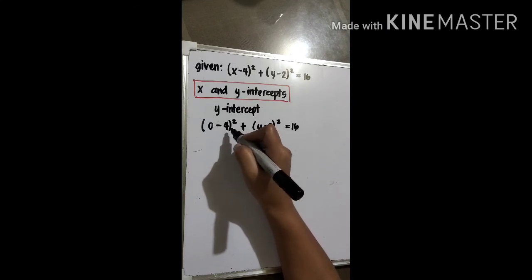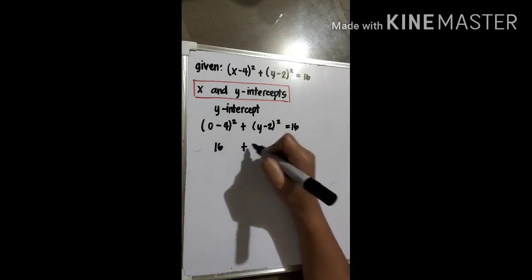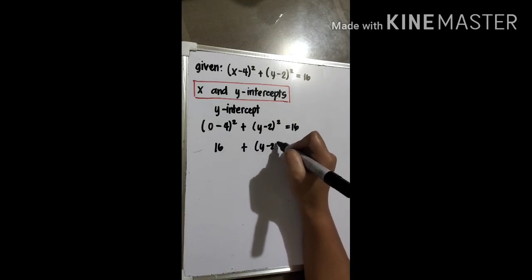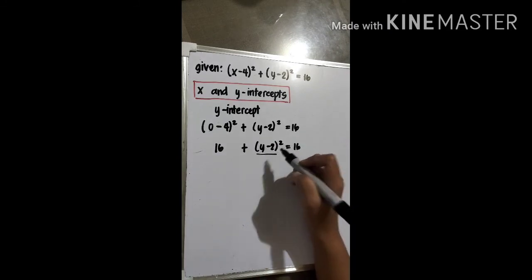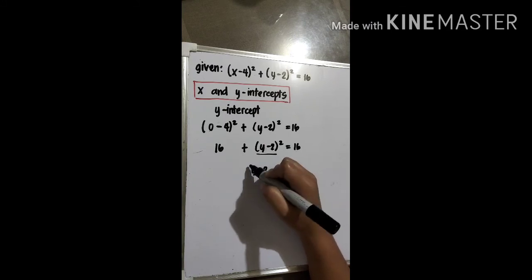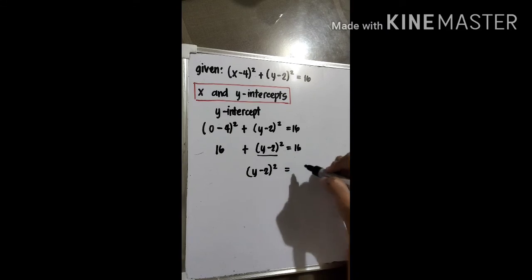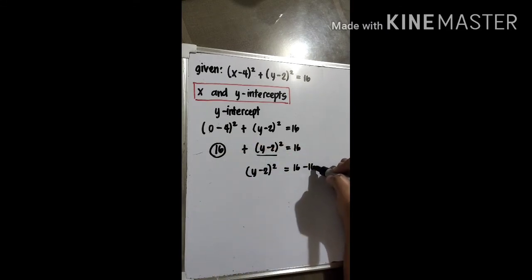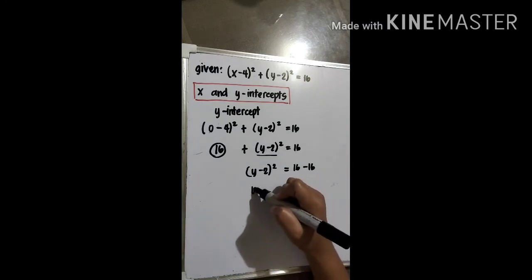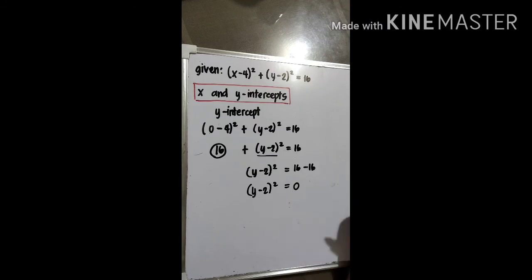So 0 minus 4, that's negative 4 squared, that's 16. And then we have here (y minus 2) squared is equal to 16. So we have (y minus 2) squared on the left side of our equation, and 16 minus 16 on the right side. So we have (y minus 2) quantity squared is equal to 0.